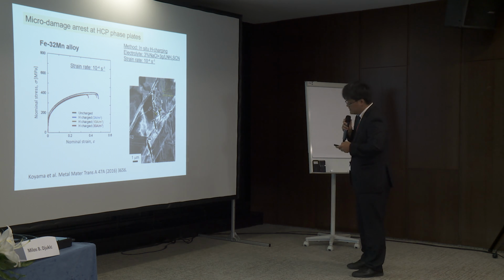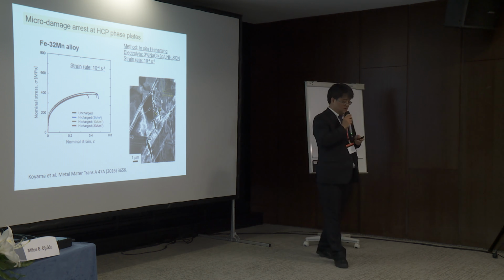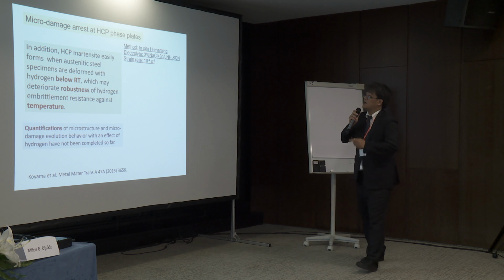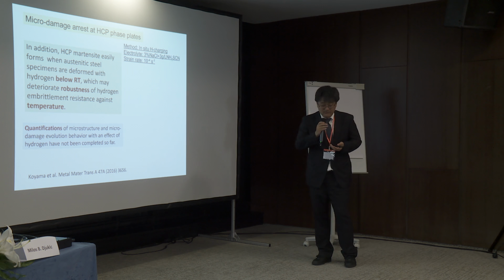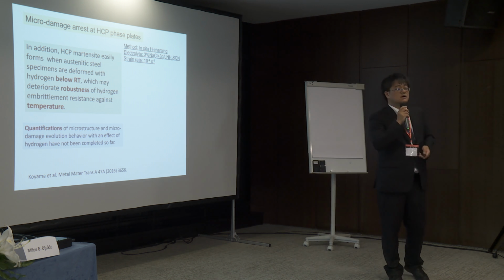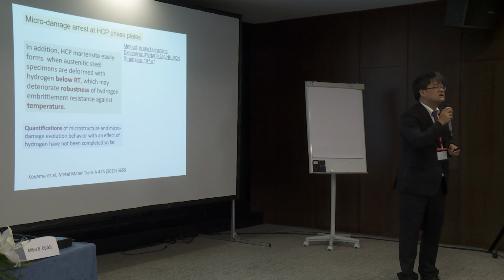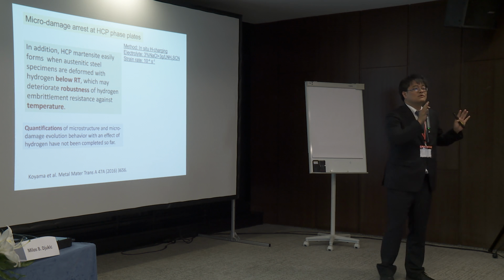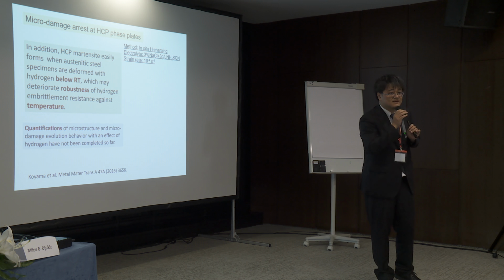But the point is, such micro damage behavior is always very important, because HCP martensite sometimes is not avoidable. Like, for example, TWIP steel or austenitic steel. When the material is deformed at a slightly low temperature, then HCP easily forms. Then again, maybe the audience says, okay, it can be avoided by chemical composition design.